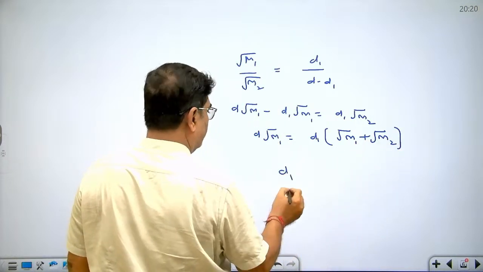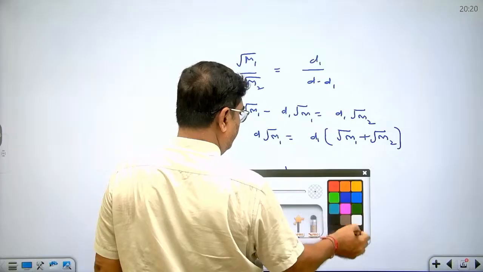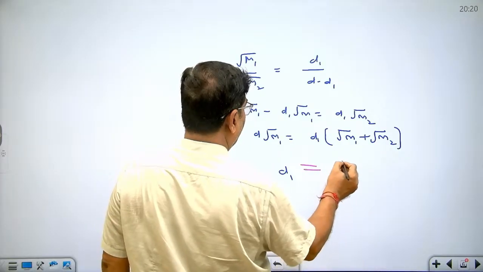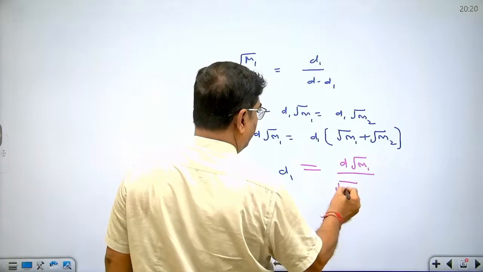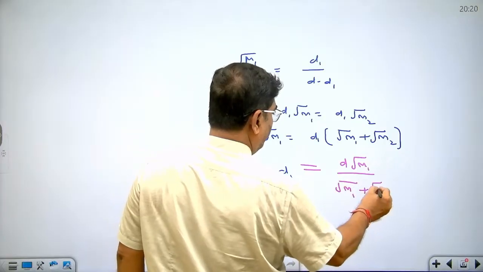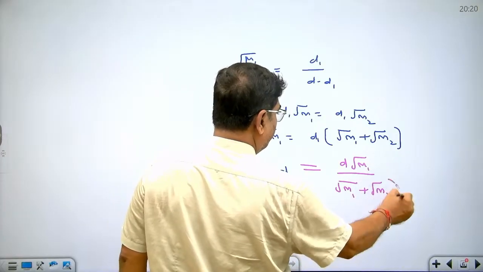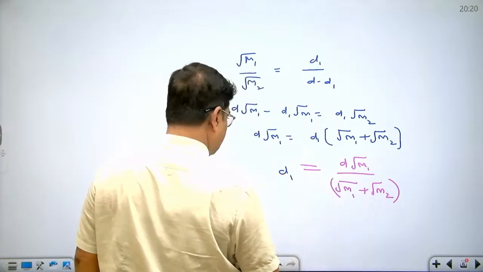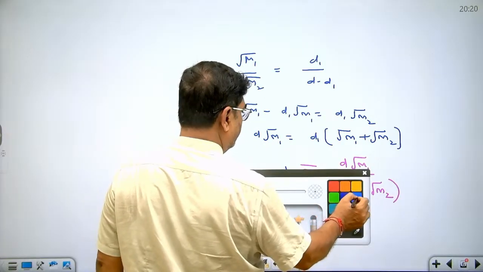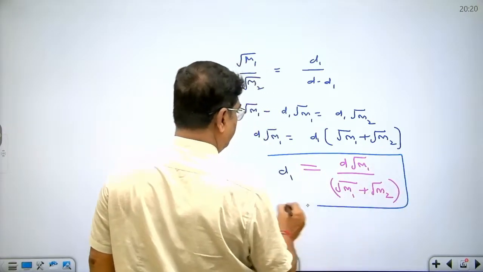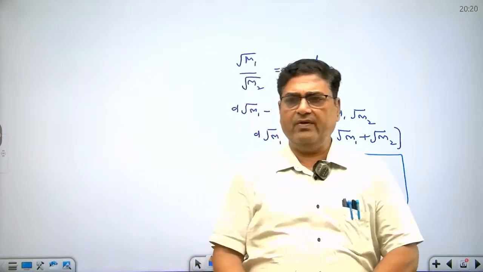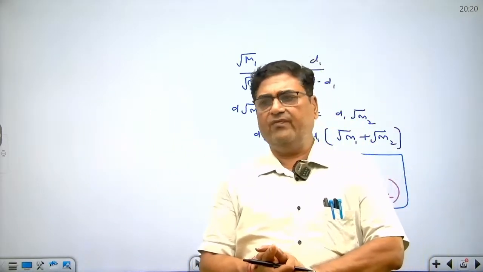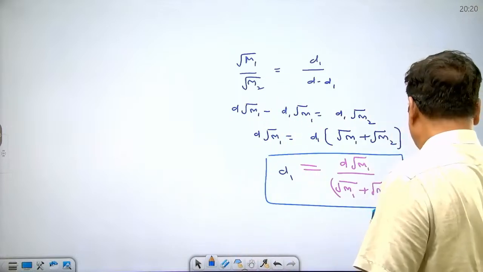So dear student, this d1 equal to d root m1 divided by under root m1 plus under root m2. This is the answer to the given question. This is the distance from m1 where small m will be in equilibrium.